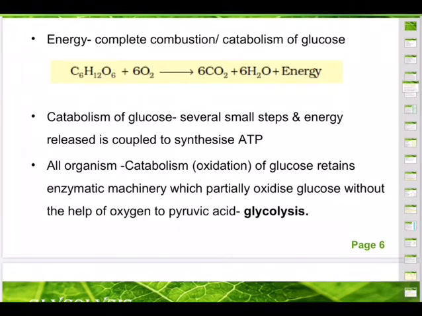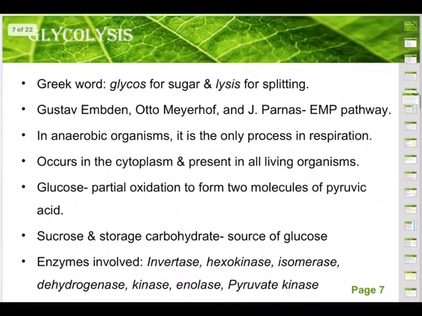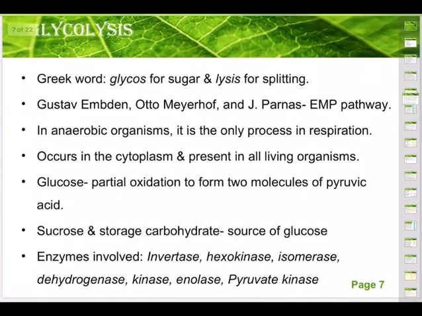Catabolism means breakdown of glucose in several small steps, and the energy released is coupled to synthesize ATP. All organisms undergo oxidation or catabolism of glucose through a controlled process, with enzymes controlling it.